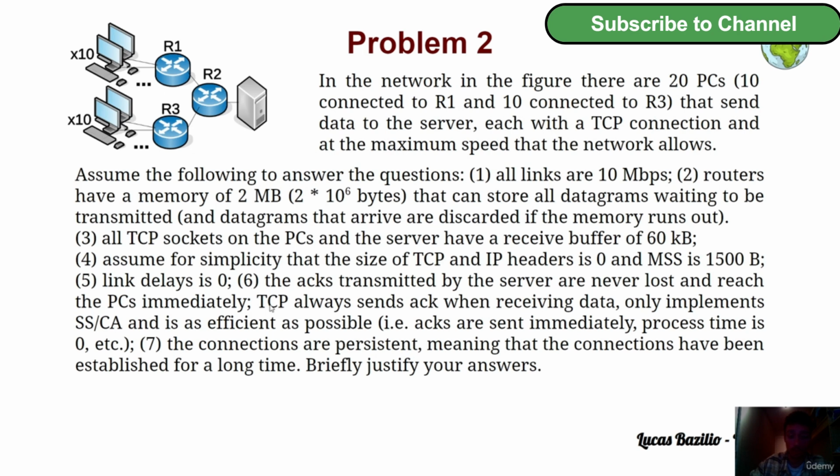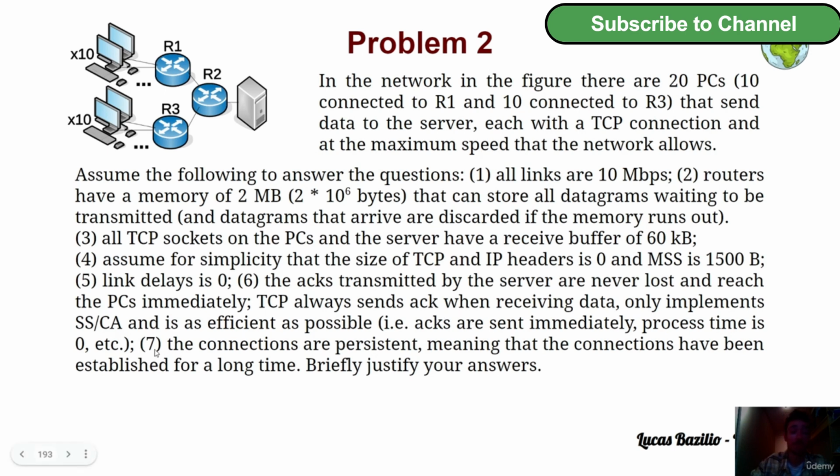Assumption 6: the acknowledgements transmitted by the server are never lost and reach the PCs immediately. TCP always sends an acknowledgement when receiving data, and only implements the slow start and congestion avoidance algorithm. Remember, we already studied this algorithm, and it is as efficient as possible. This means that the acknowledgements are sent immediately and the processing time is 0.